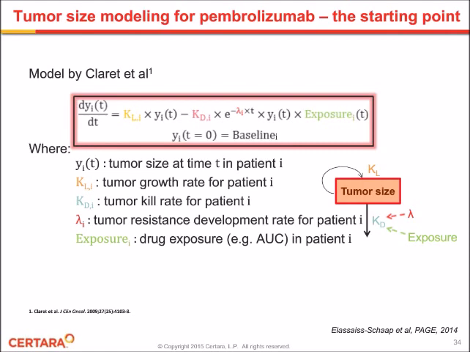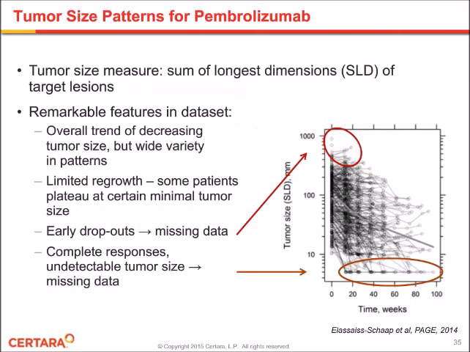And the tumor kill rate is influenced not just by the size of the tumor, but also by a tumor resistance development component, which develops gradually over time, as well as drug exposure. So drug increases essentially the killing of the tumor. Well, in the pembrolizumab data, we did note some specific features that led us to considering changes to this model framework.